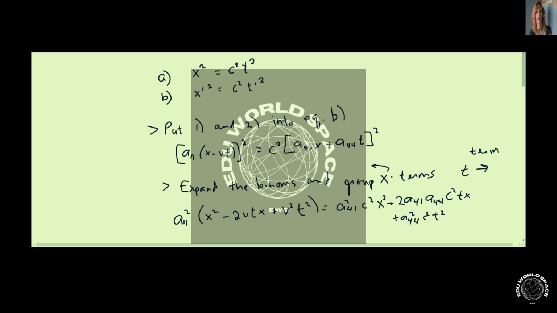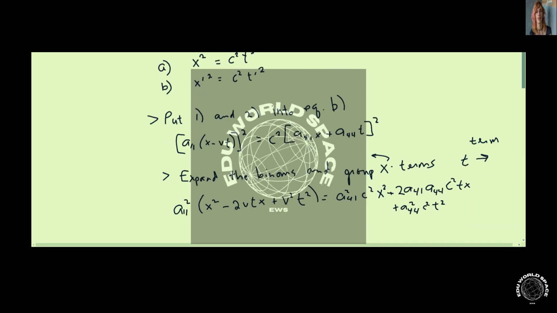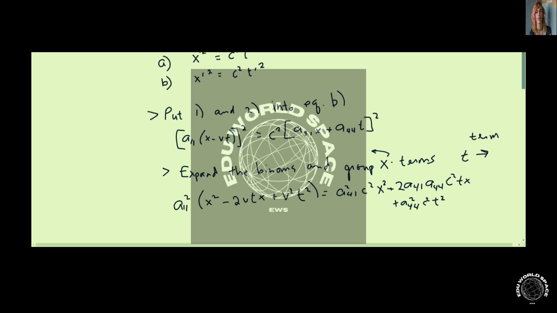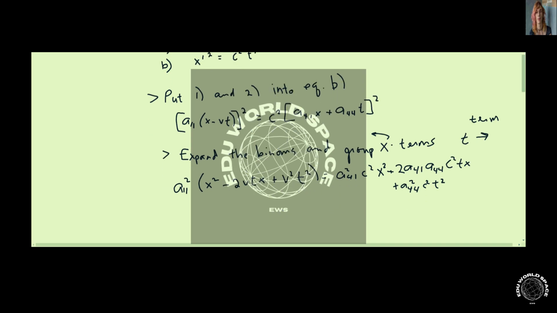But before we can group x and t terms, what we're aiming for is an equation of the form in A. That is, we're going to try to group all the x squared terms together. And we see that we're going to have to equate whatever is in front equal to 1.